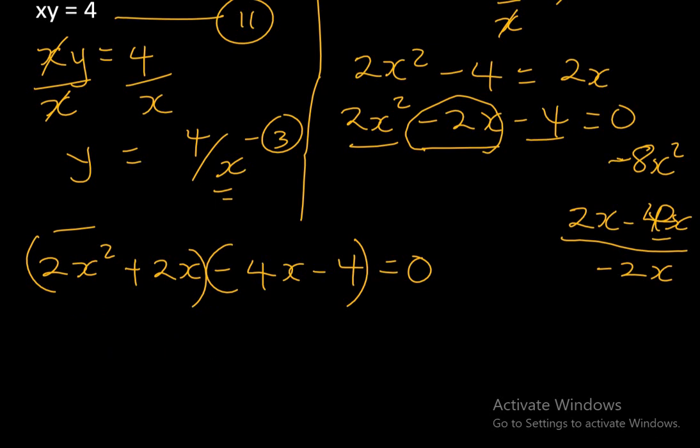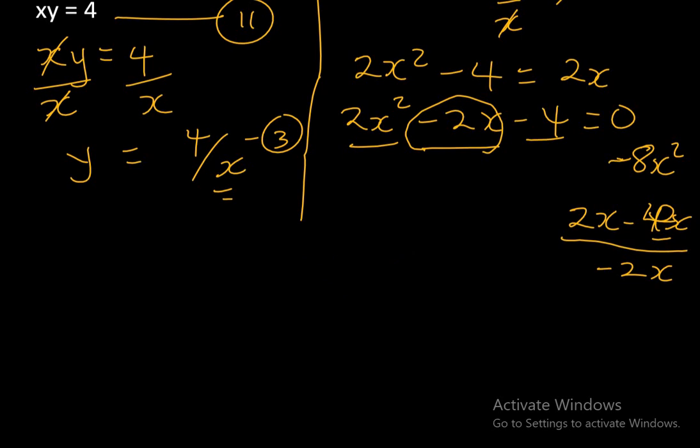Let me just go back a bit and take this all. Okay, so from here we have 2x squared. All right, replace this middle term with the factors of minus 8x squared, which is plus 2x minus 4x, now minus 4 equal to 0.